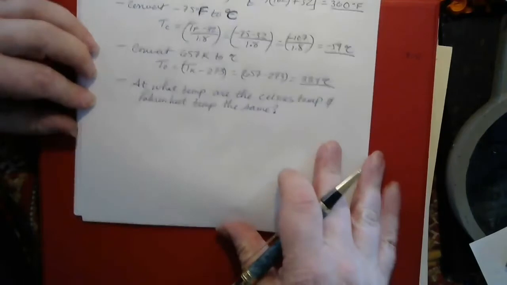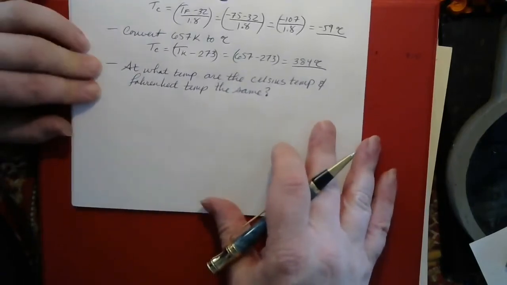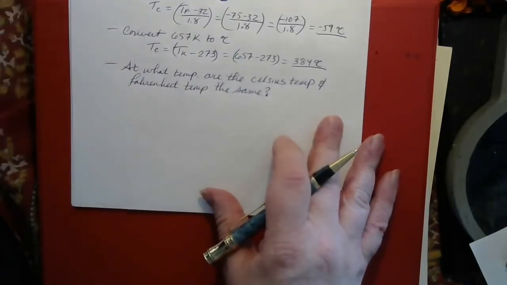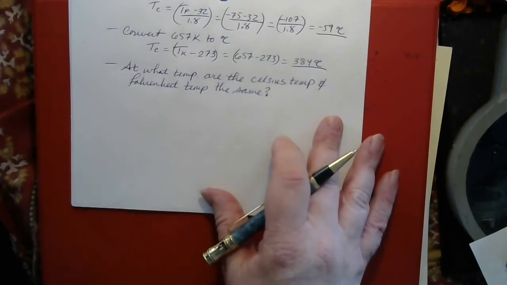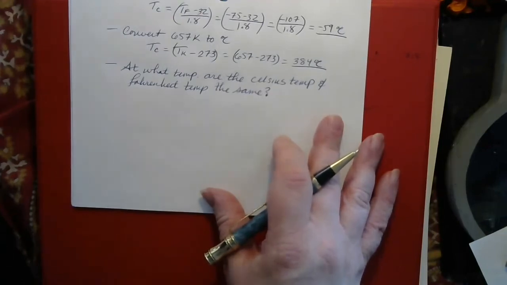If you're wondering, the Celsius and Fahrenheit temperature scales cross at a certain point. At temperatures above 0, the Fahrenheit temperature is higher than the Celsius temperature.